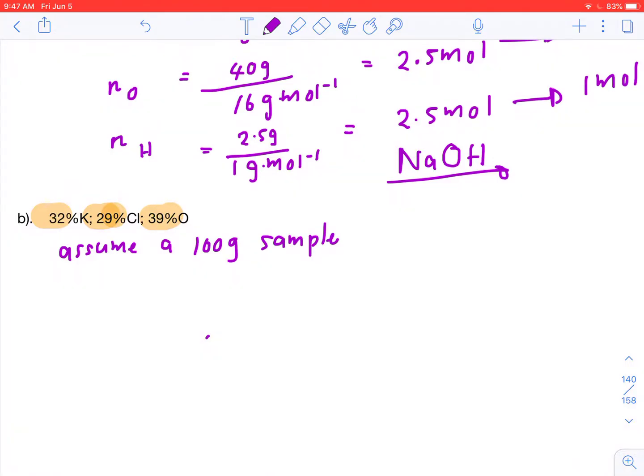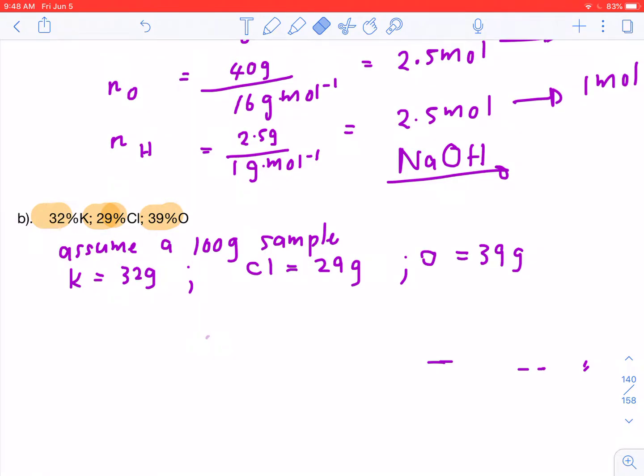If we assume a 100-gram sample, then K is equal to 32 grams, and chlorine is equal to 29 grams, and oxygen is equal to 39 grams.